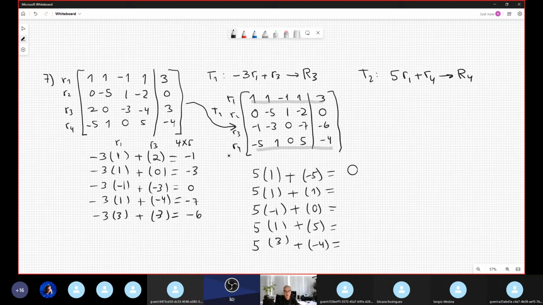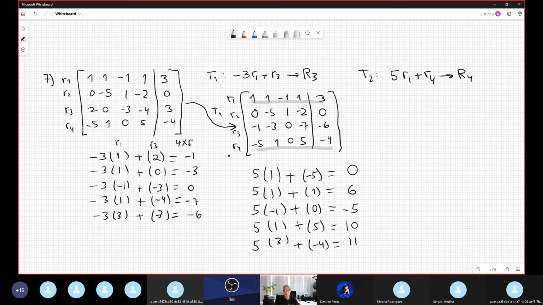It's obvious 0 here. It's obvious 6, because 5 times 1 and 5 plus 1 is 6. It's obvious there's negative 5 here because negative 1 and positive 5 and negative 1 plus nothing is negative 5. In this case 10, it's obvious 5 plus 5. And in this case 15, 15 minus 4 is 11.